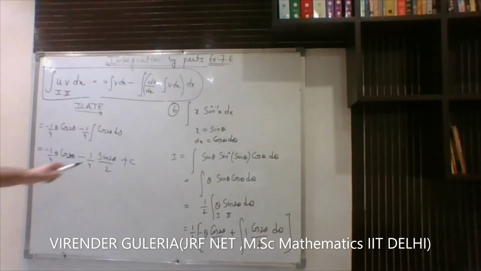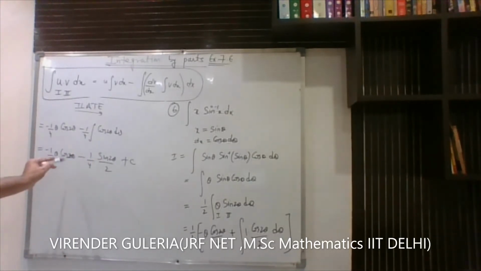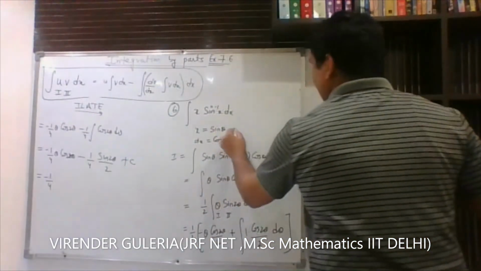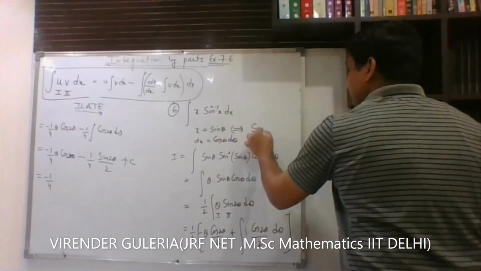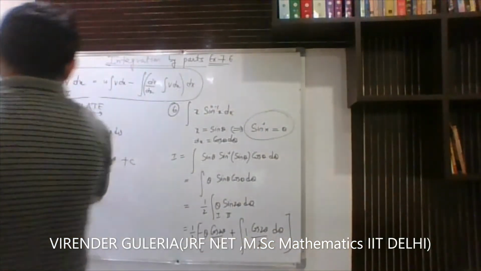Now we have got the answer, but it is in terms of theta. We have to convert this in terms of x. So how to do that? If we see it carefully, by this substitution x is sine theta, so theta is sine inverse x. Let us substitute the value of theta over here.